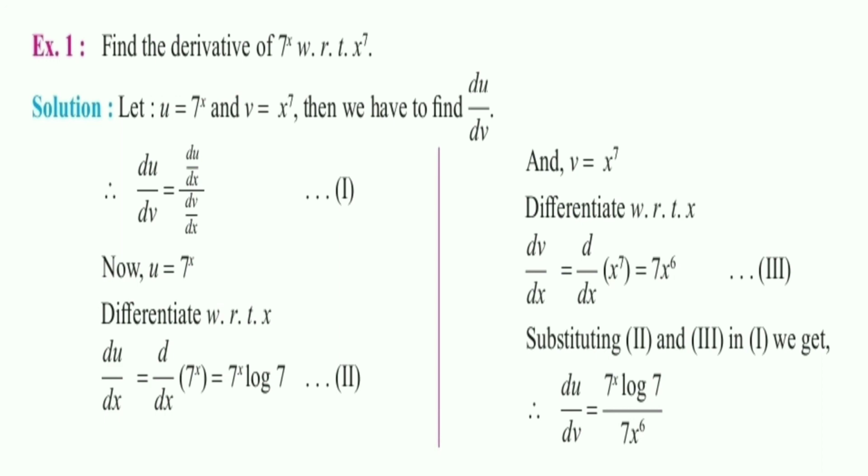Differentiate with respect to x, we get du upon dx equal to derivative of 7 raised to x, and derivative of 7 raised to x is 7 raised to x log 7, and v equal to x raised to 7. Differentiate with respect to x, dv upon dx equal to derivative of x raised to 7, and derivative of x raised to 7 is 7 into x raised to 6. Now, from 2 and 3 we get, therefore du upon dv equals 7 raised to x log 7 upon 7 into x raised to 6.